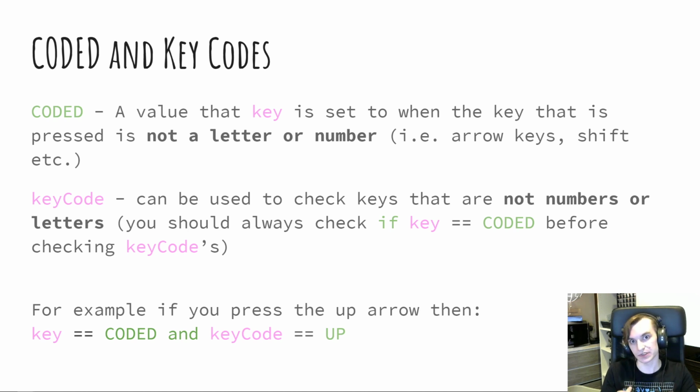The reason you always want to do both of those checks is that if the person presses the up key, then key is set to coded and key code is set to up. If they then press A, key is set to A, but key code might not be changed. So if you don't check that key is still coded, you're going to think they're still pressing up. It's a good way to be careful, because keep in mind, programming is the art of being lazy carefully.